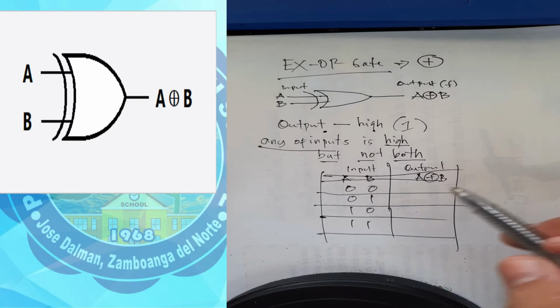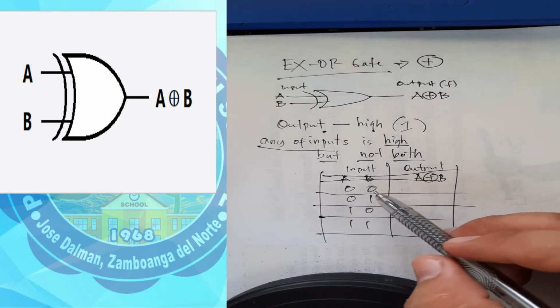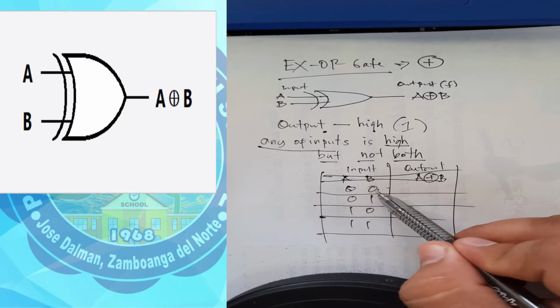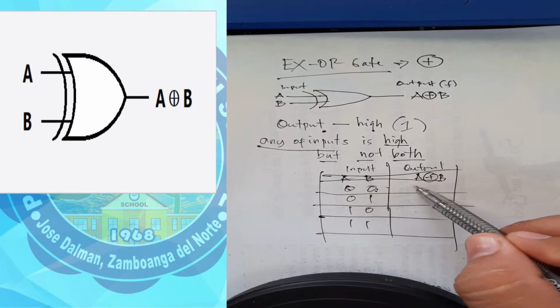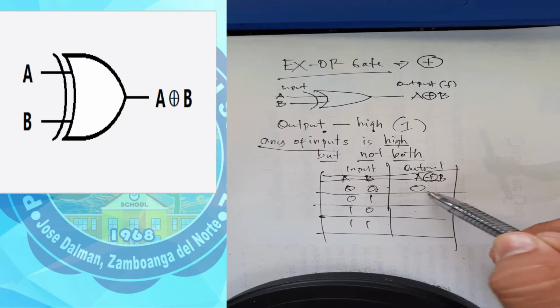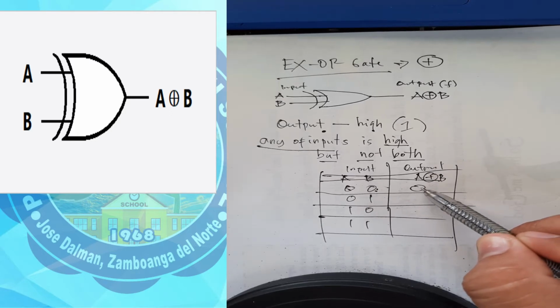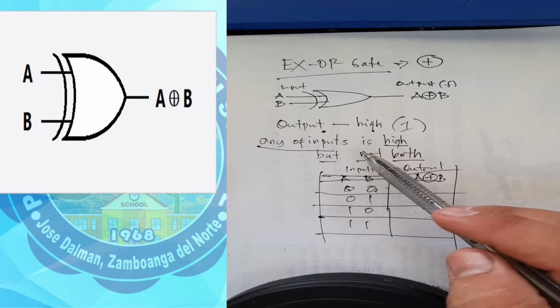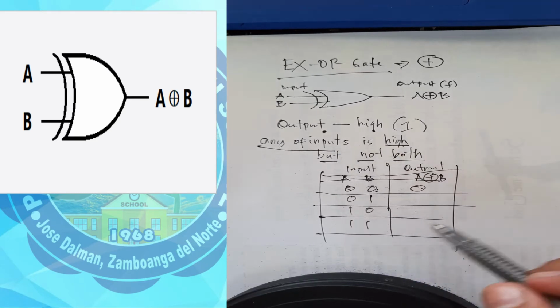What does it mean? So let us trace it in the truth table. If inputs natin ay 0, 0 or low, low, what will be your answer? That is 0. Kasi hindi nag-mention dito na ang low at saka low magbibigay ng high.